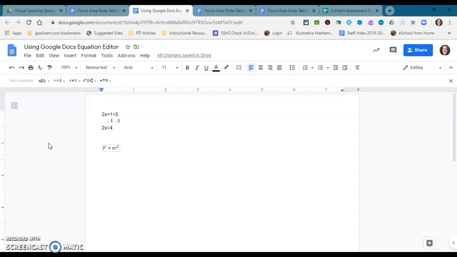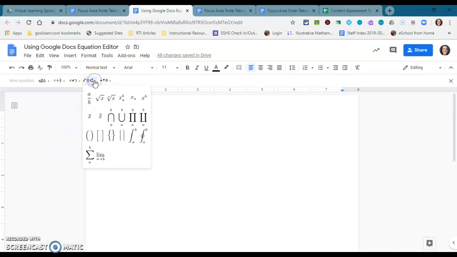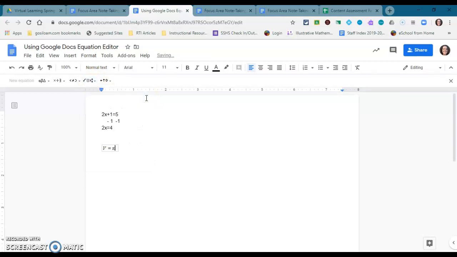That's one option. Okay, or I'm going to take that back out. You can go here, and this gives you the option to do a letter, and this is called a superscript. So I type that in.